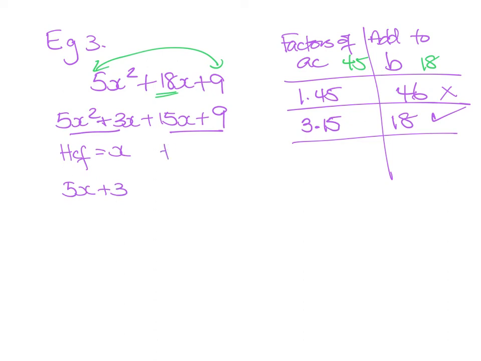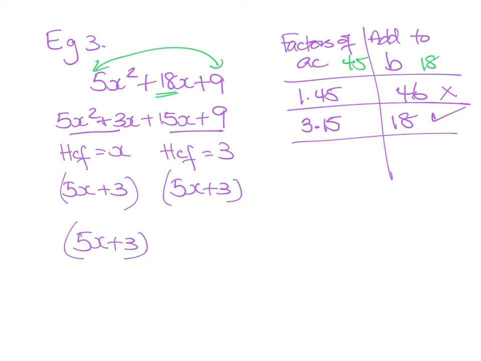What's the HCF of these next two? The HCF here is 3, and we're left with 5x plus 3. So we will get 5x plus 3 by x plus 3. And that's it. The question is complete.